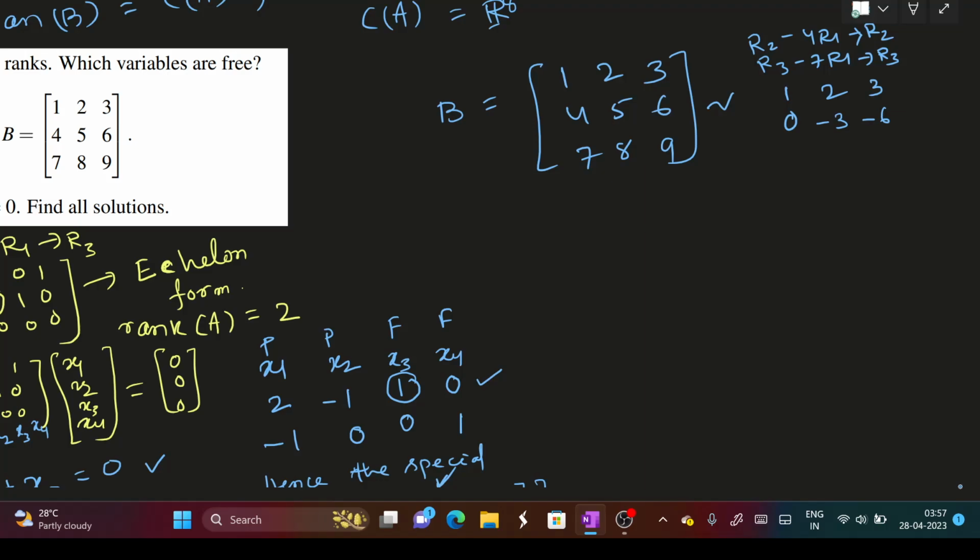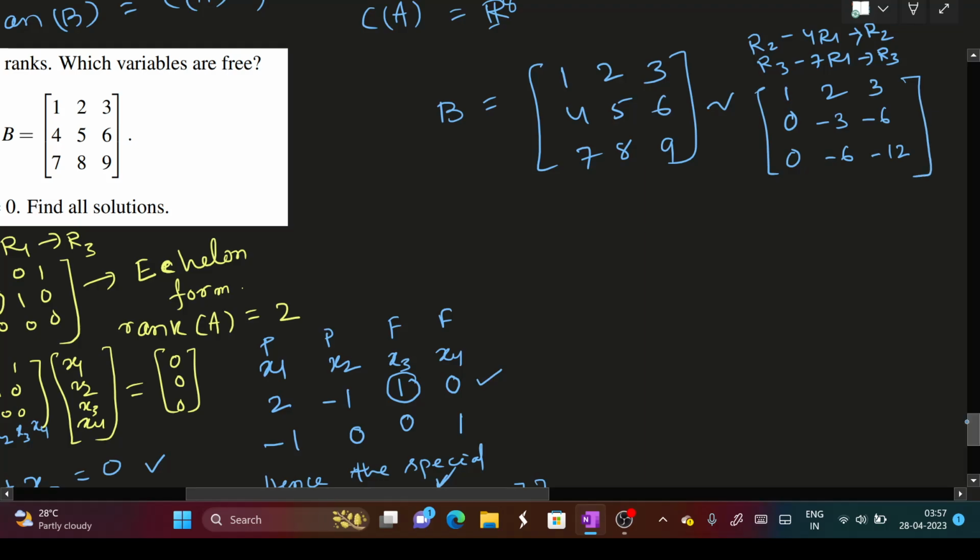Here 7 times 1 is subtracted, it is 0. 7 times 2 is subtracted, that is 8 minus 14, it is minus 6. And 9 minus 7 times 3, that is 21. 9 minus 21 means minus 12. Okay. So I have this.